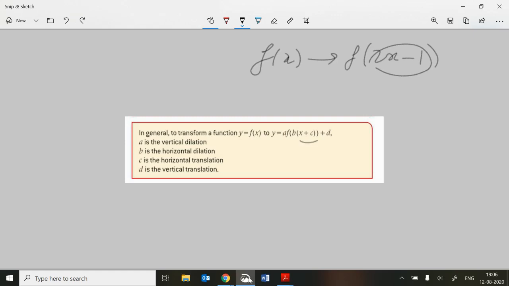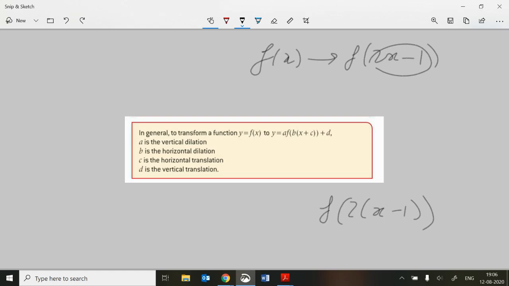Now, you'll often see things written like this instead on the inside. So instead of that, if you had, for example, f of, let's say 2x minus 1, well, you need to take that the opposite way around to what you would expect as well. So normally you're thinking, well, I'm going to do this by doing the translation by plus 1 first because it's inside the brackets.